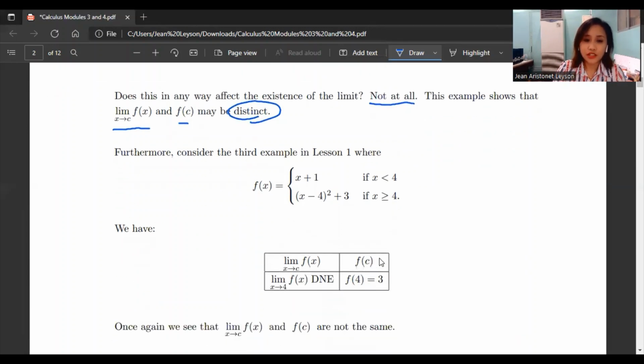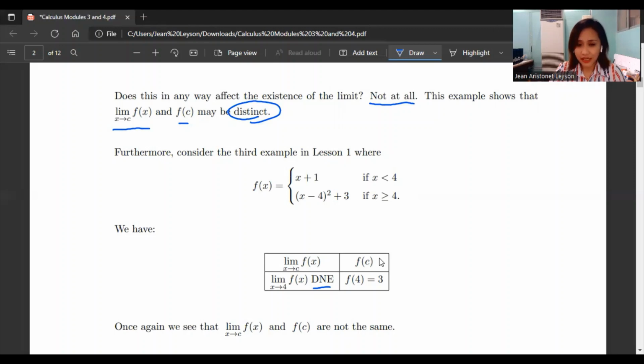Furthermore, let's consider the third example in lesson 1 on the previous module. Given the function f of x is equal to x plus 1 if x is less than 4, and the quantity x minus 4 squared plus 3 if x is greater than or equal to 4. Now, for the limit of the function as x approaches 4, the limit does not exist. Again, you can use a table of values.